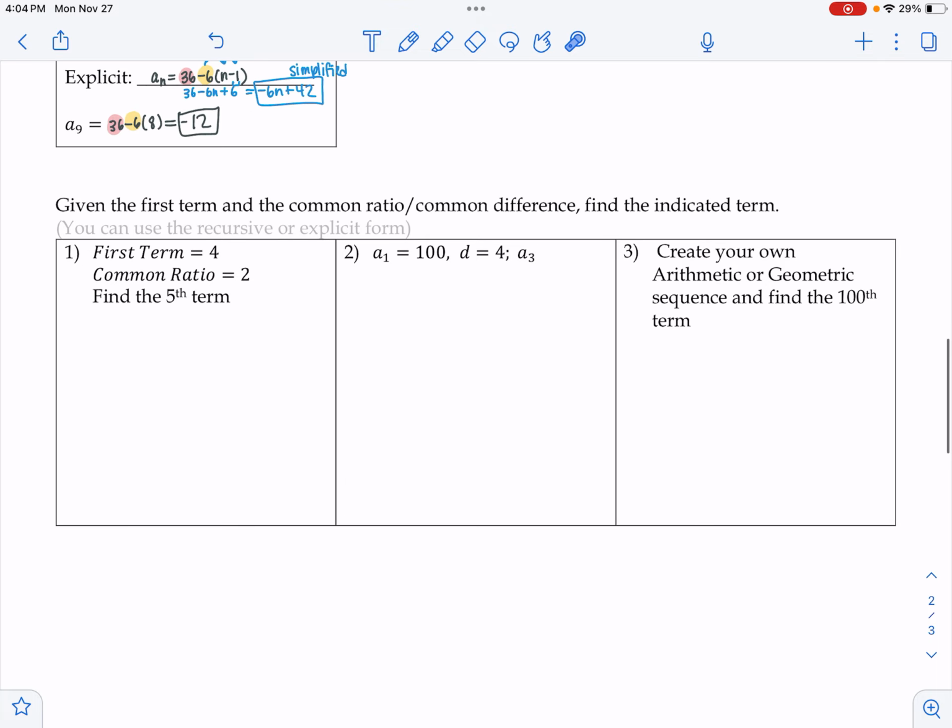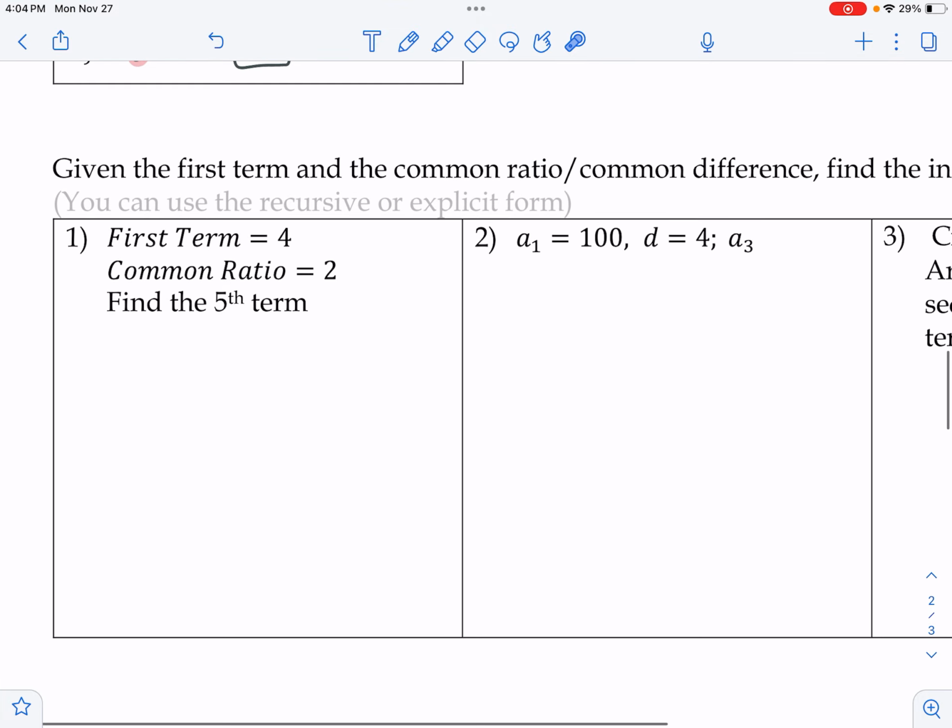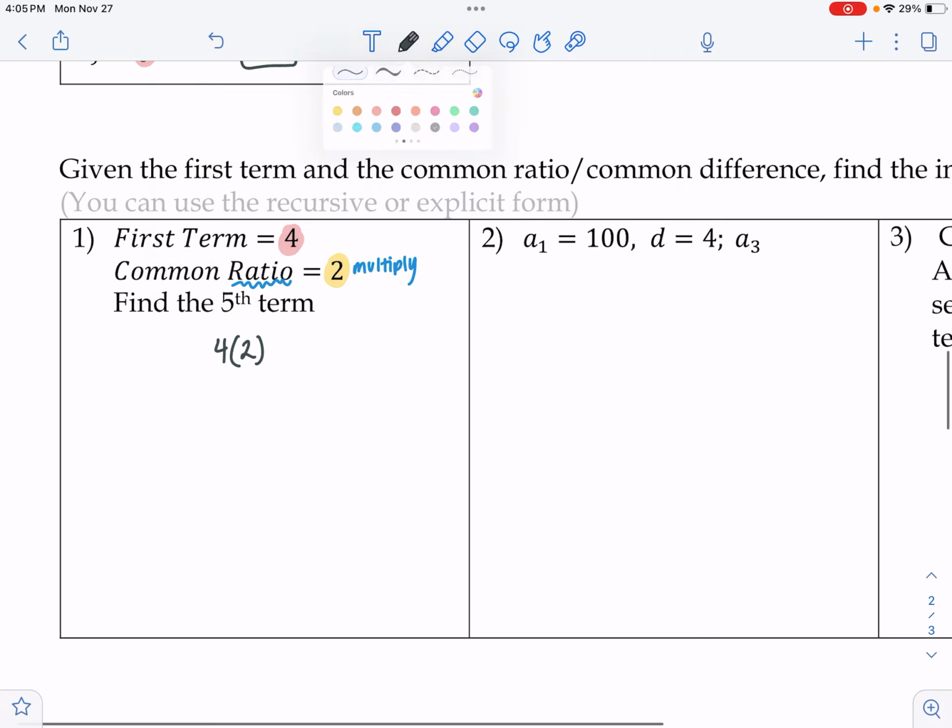Right, so some other ways they ask these questions is just giving you information rather than the sequence, which I think makes it easier because you don't have to identify the pattern. Here they're telling me the first term is 4, and they're using the word ratio for the 2, and so that means multiply. Ratio is for multiplying. And so we would start with the 4, and we would multiply by that 2, and to get to the 5th term, we would multiply it 4 times.